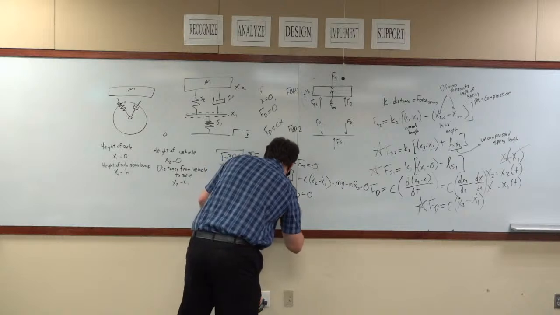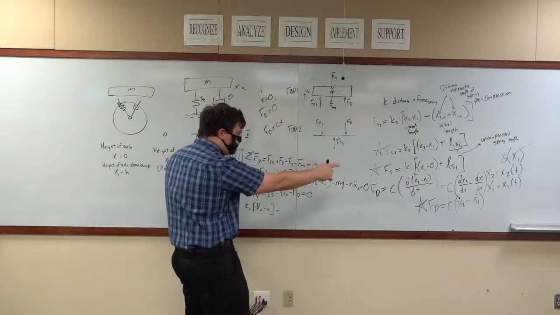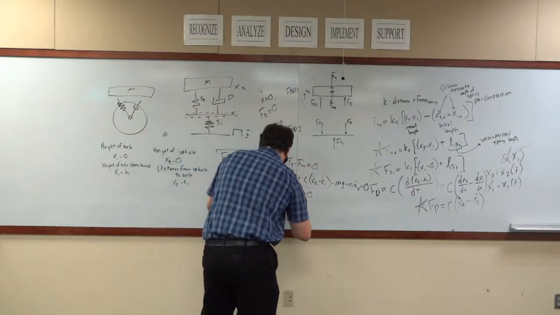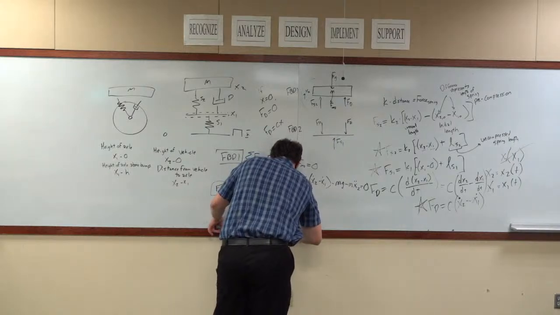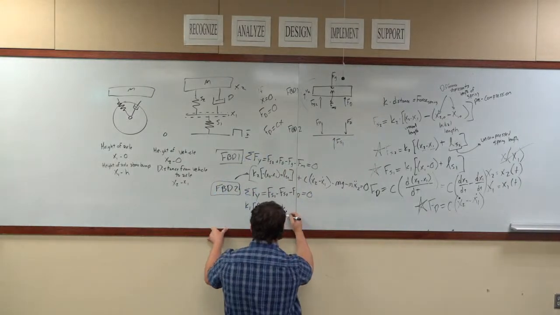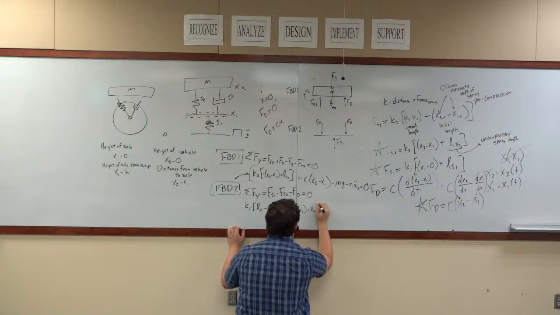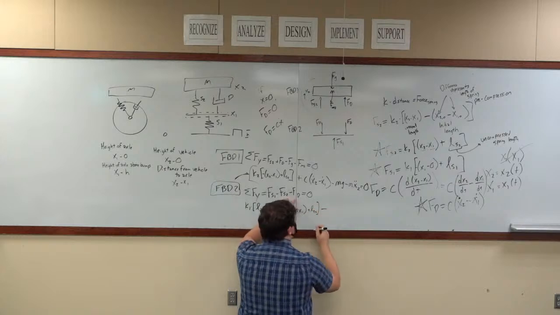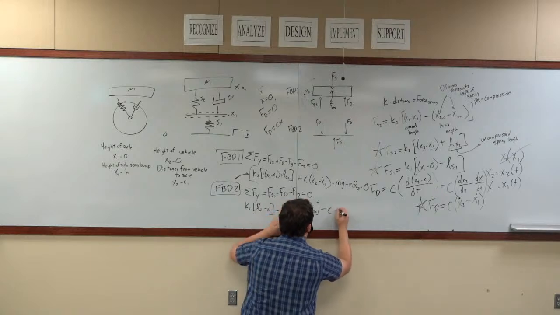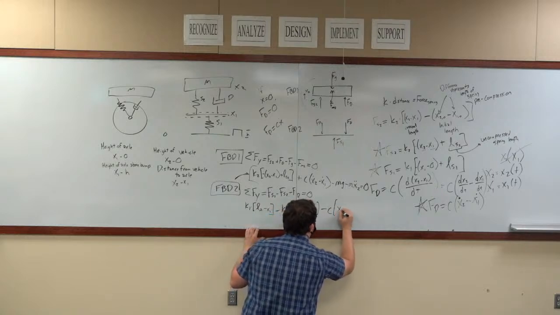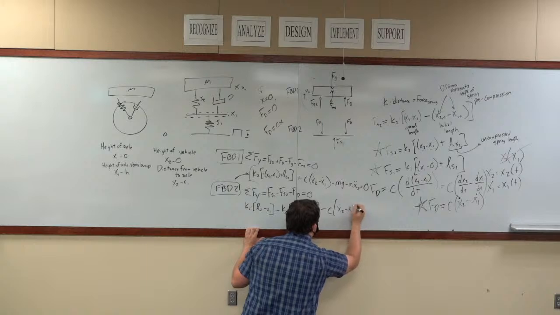FS2 is that equation, which I'll just write again: K2 times negative x2 minus x1 plus ls2, and then minus the damping force, which is c times x2 dot minus x1 dot. And that is equal to 0.